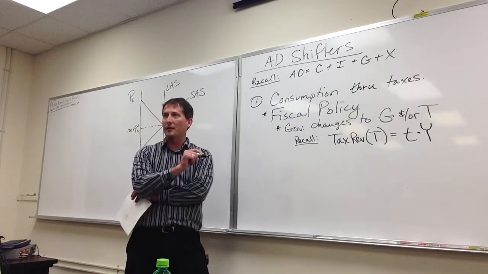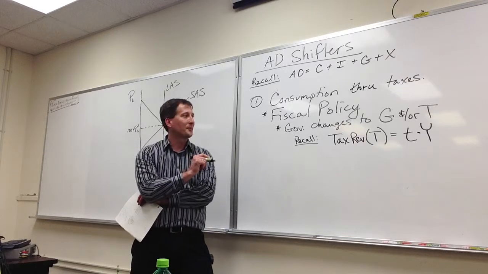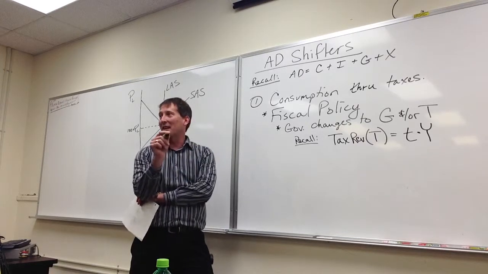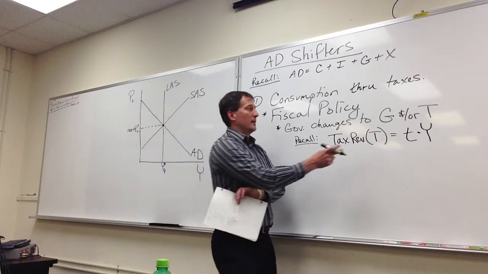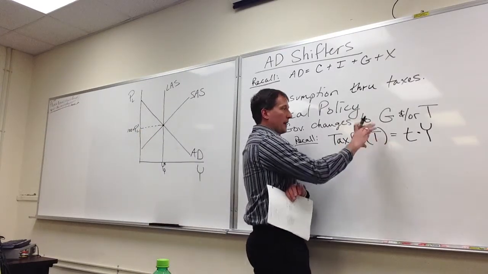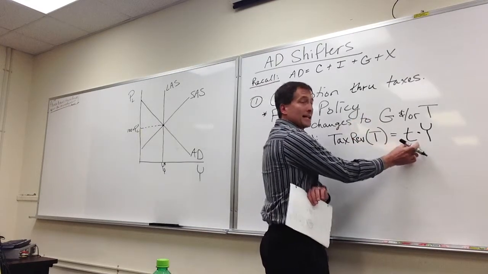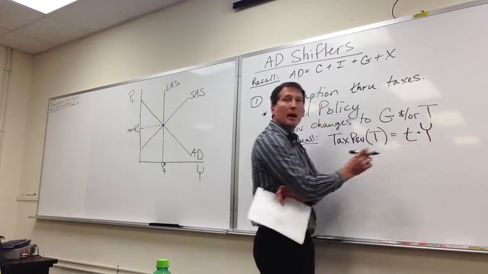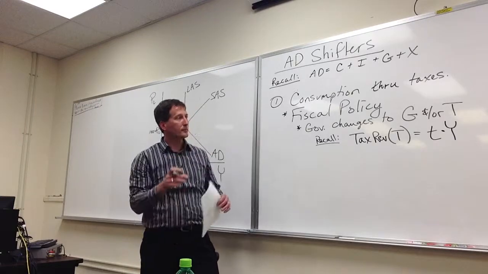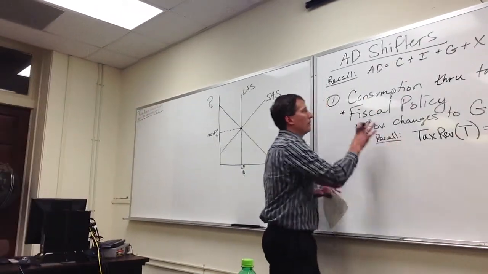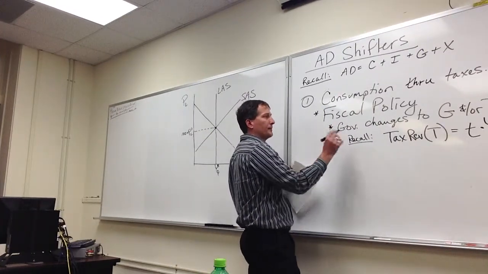We did this equation before, and we're going to keep working on it the rest of the semester, so that's why a little repetition here. So from a formula standpoint, the amount of tax revenue that the government collects from income is simply a tax rate times the amount of income. Is everybody clear on that? Okay, so the fiscal policy change here can be a change in the tax rate.